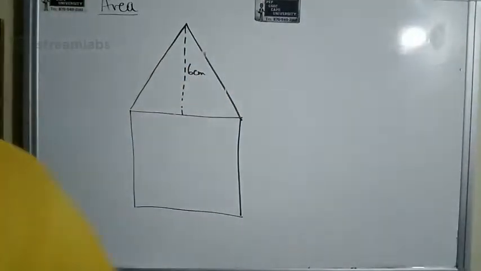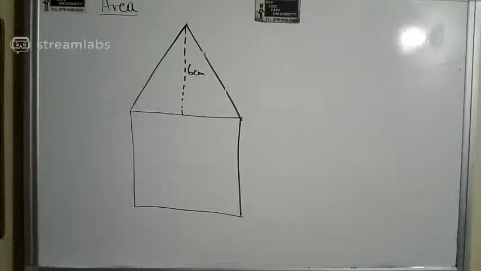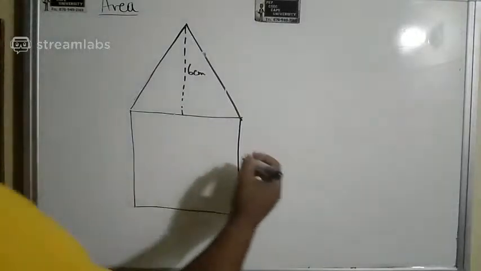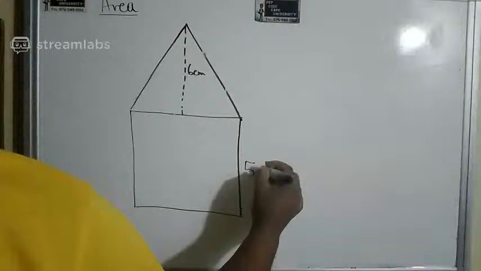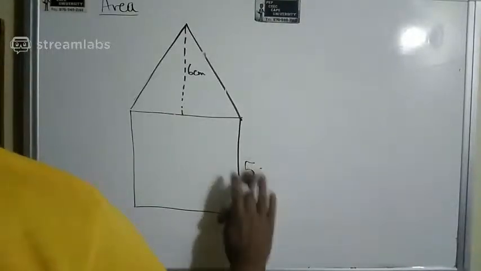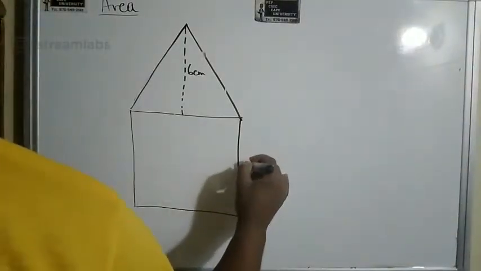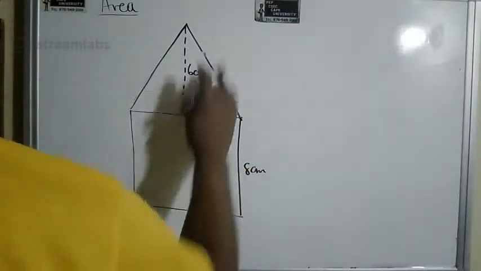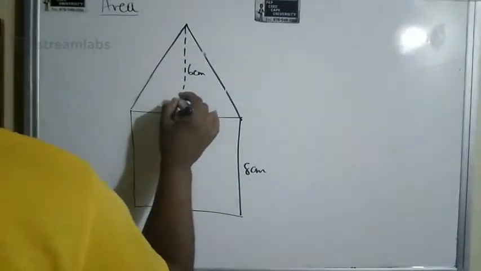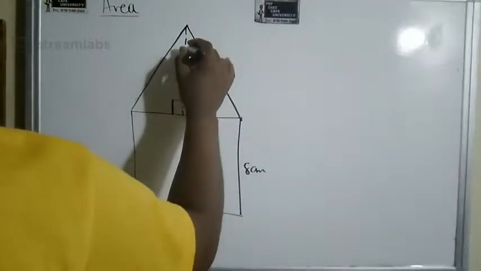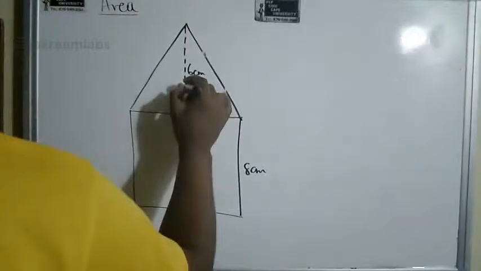Let's say that was 6. Let's say this one 6. Now let's say this was 8. And you're asked to find the area. I'll put in a right angle triangle here. You kind of indicate to us that use a right angle right here.